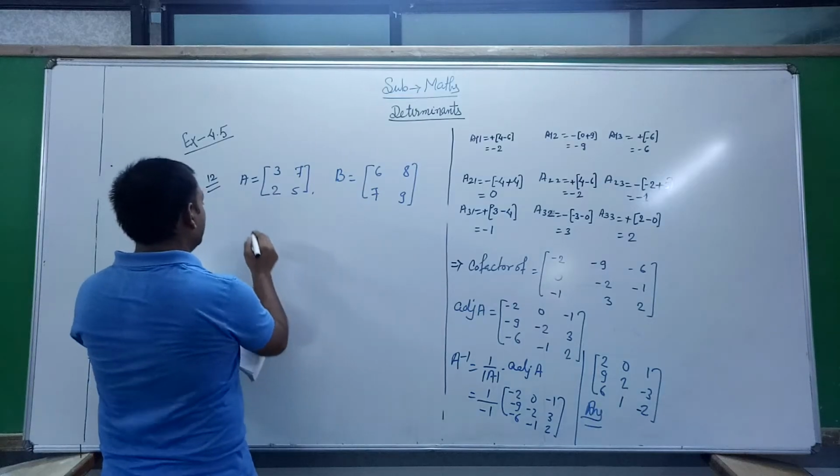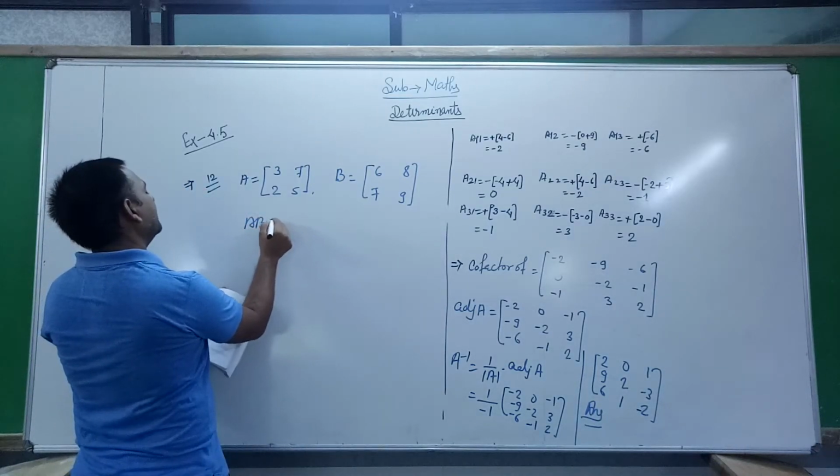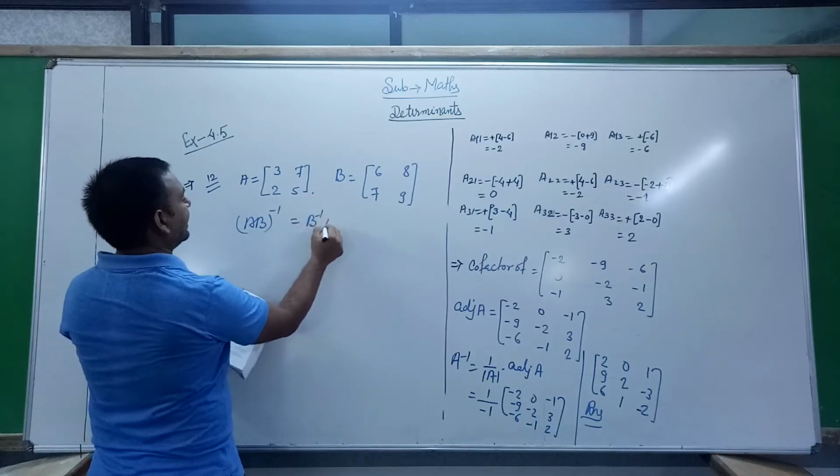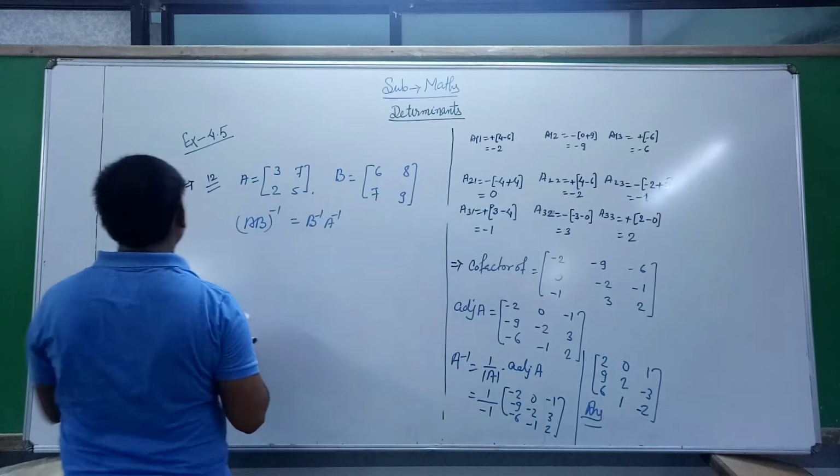Then you find AB inverse. First you find the AB whole inverse, that is equal to B inverse and A inverse. Okay.